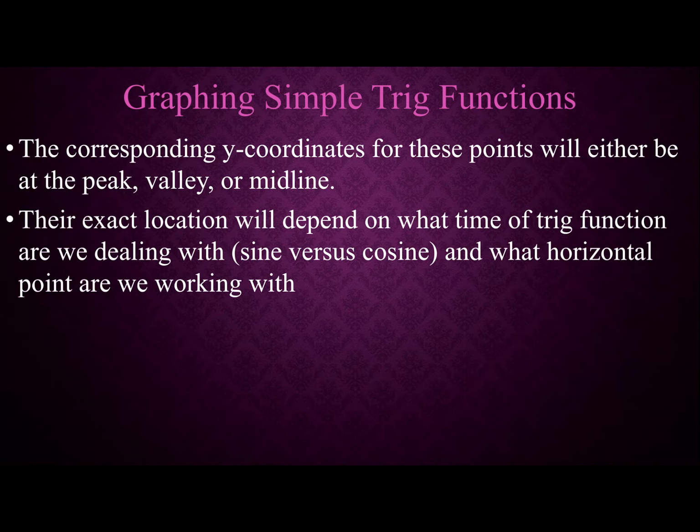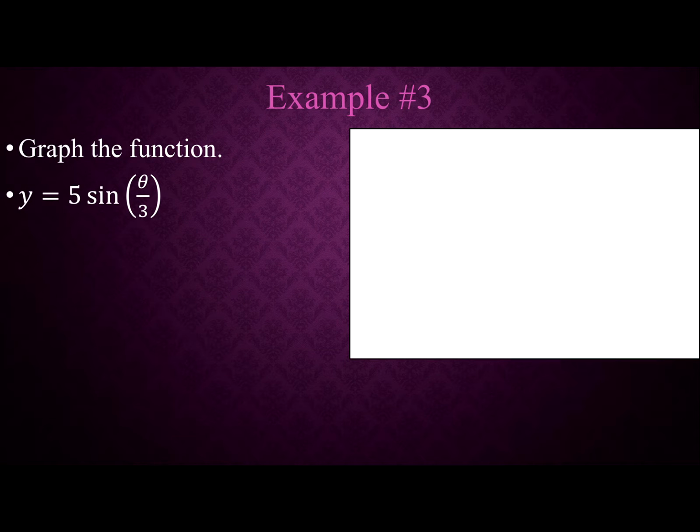The peak and valley are based off the positive and negative value of A. So if A is 3, we're going to go as high as +3 and as low as -3. If A is -5, we'll go as high as +5 and as low as -5. So we still go to the highest and lowest for the positive and negative values of that A value. Whether A is positive or negative helps show the direction of the corner points. And that's what we're going to see when we're doing each of these things.